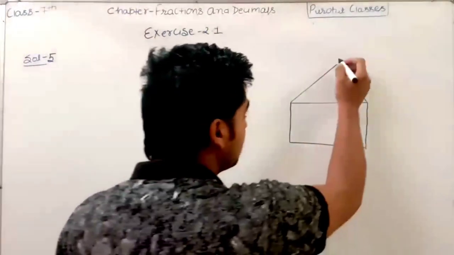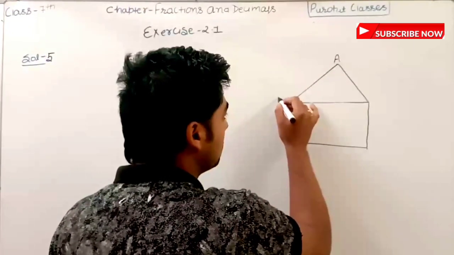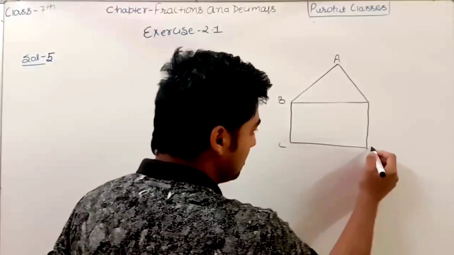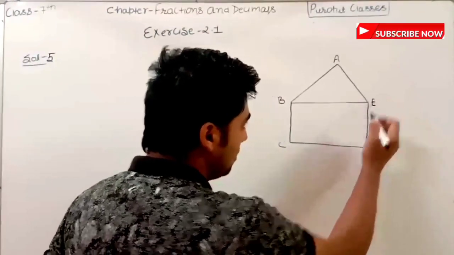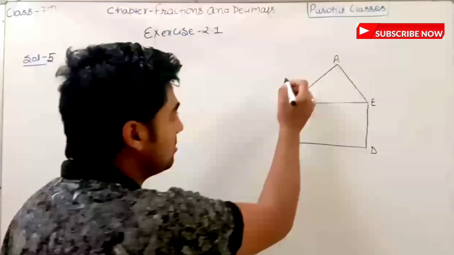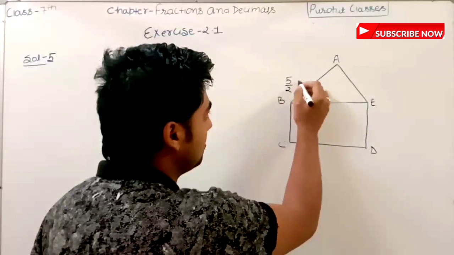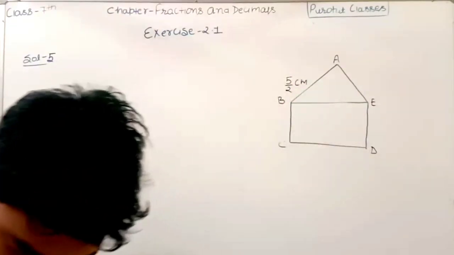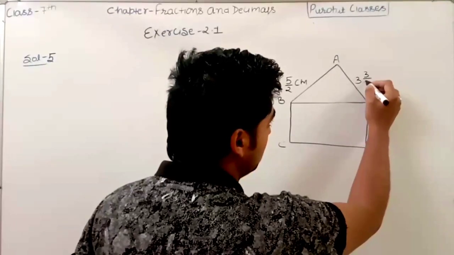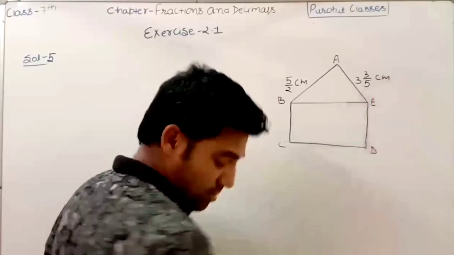Vertices are A, B, this one is C, this one is D, this one is E, and the measurements are also given. AB is 5 by 2 centimeter, AE is 3 whole 3 by 5 centimeter.